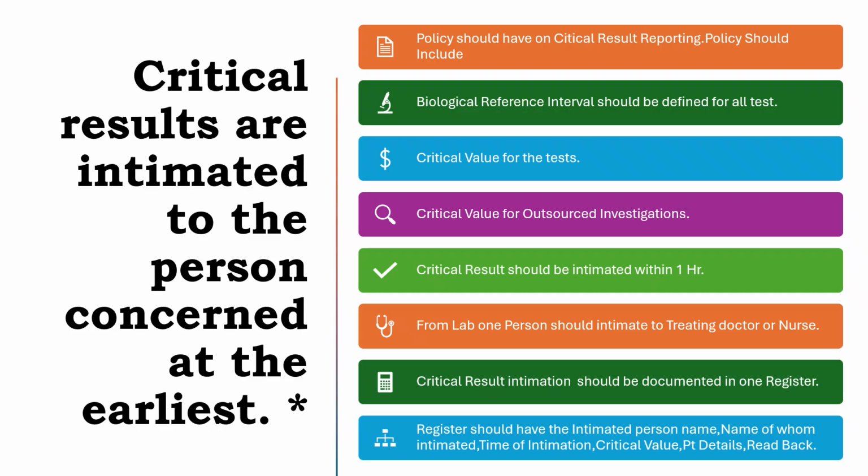That register should have columns for the patient name, UHID, test name, critical value, who is reporting, to whom it is reported, whether readback is done or not, the date of reporting, and the time of reporting. These are the things that should be written in your critical register, otherwise it will be invalid.